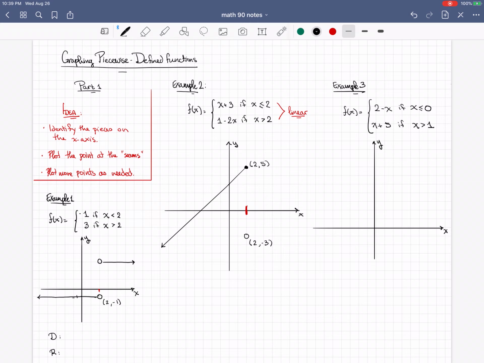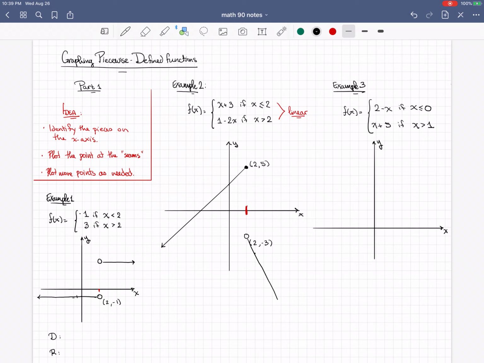Now, 1 minus 2x, same thing, that's linear, so I only need one other point. If x is 3, I have 1 minus 6, which is -5. Okay, so it goes through that point. And I can connect these two dots.